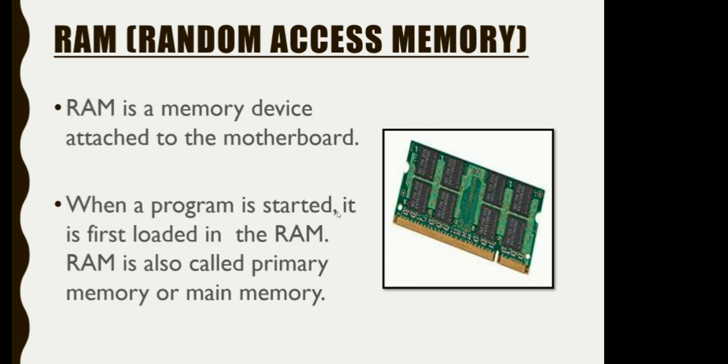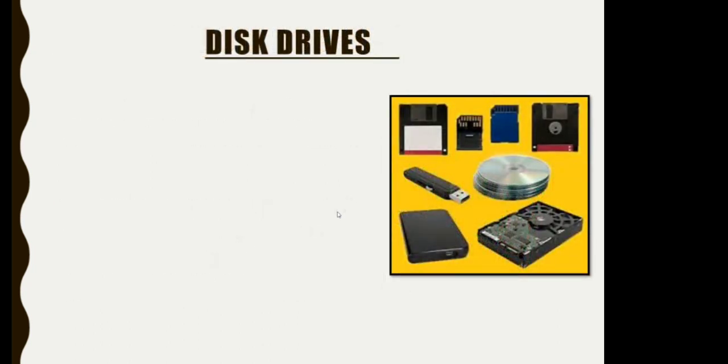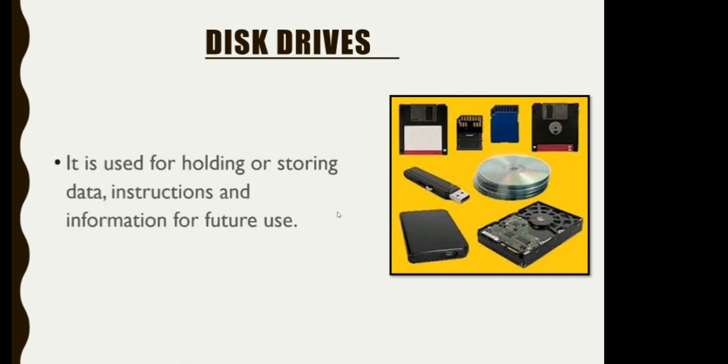What is the function of the RAM? When a program is started, it is first loaded in the RAM. RAM is also called primary memory or main memory. Next is disk drives.